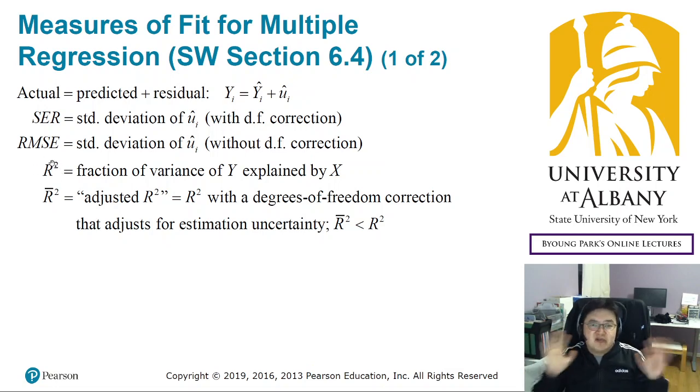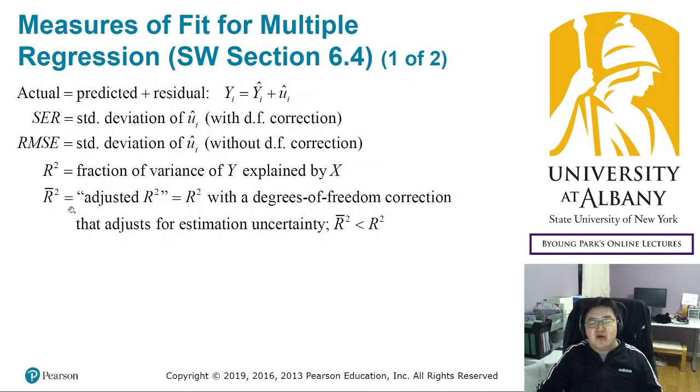It's kind of unfairly favorable toward regression models having more variables. So even if they are irrelevant, if you include more variables, the R squared always increases, which is not desirable. You don't want it to increase.